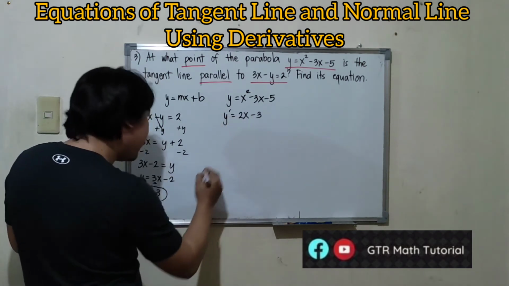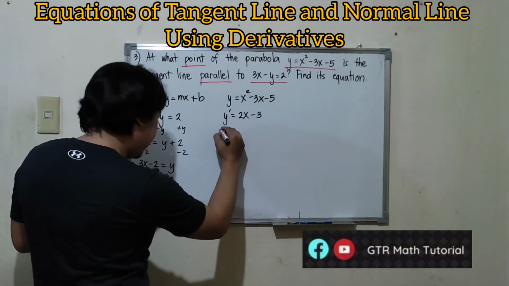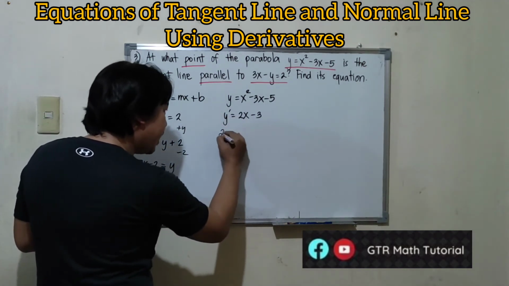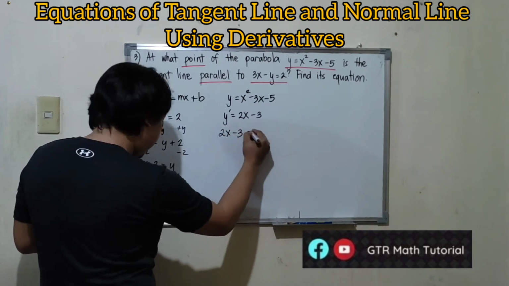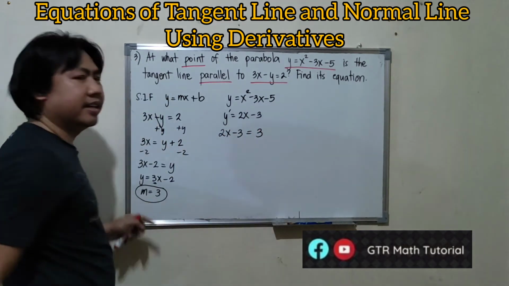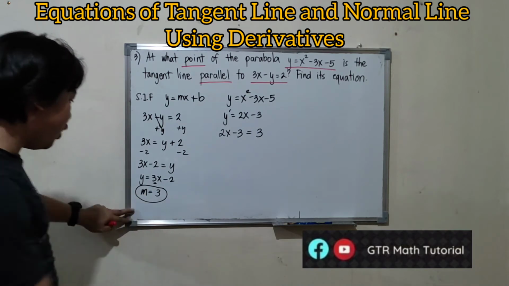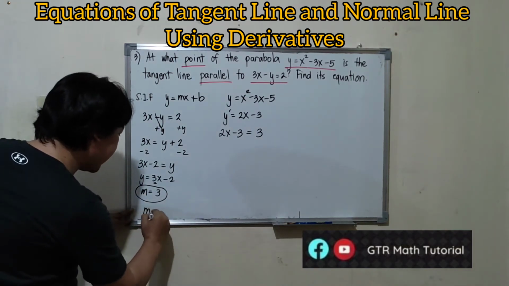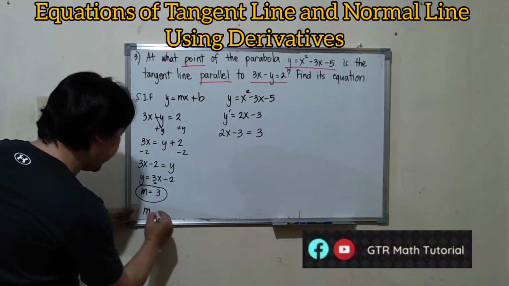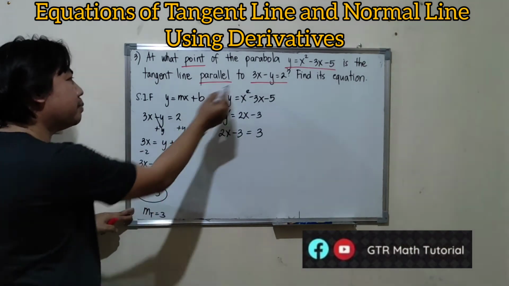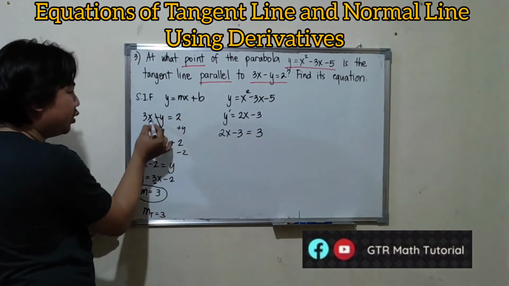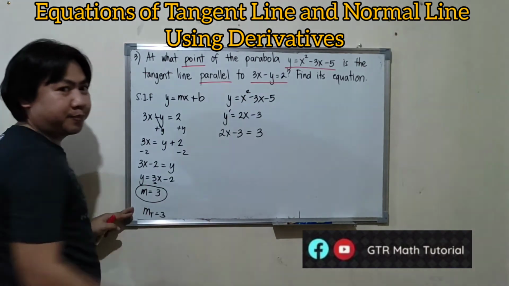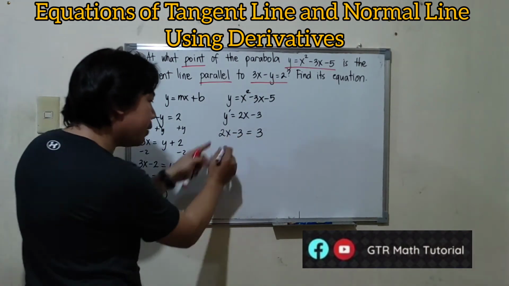So therefore, slope of the tangent line is equal to 3. Equate natin. So we have 2x minus 3 equals 3. Okay? Since the slope of the tangent line is also 3 because parallel to 3x minus y equals 2. Okay? So equate. So we can now solve the value of x.